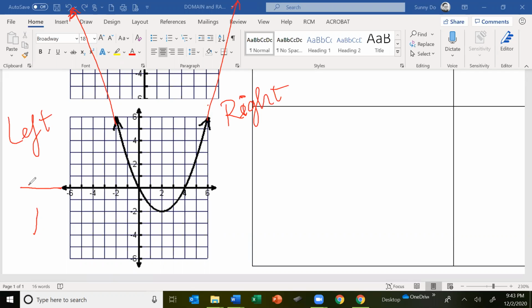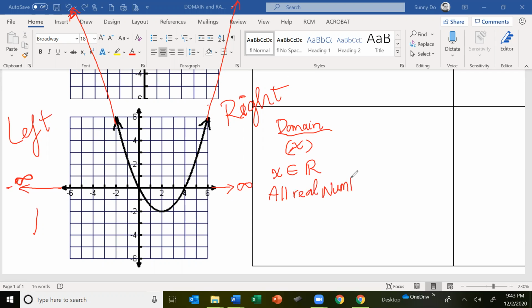If we go all the way left, it will reach negative infinity because it's getting smaller and smaller. If we go to the right side, it will give positive infinity because the number is getting bigger and bigger. So for the domain, we're going to have both directions on the x-axis, which includes all the numbers. So x belongs to the real numbers, all real numbers.